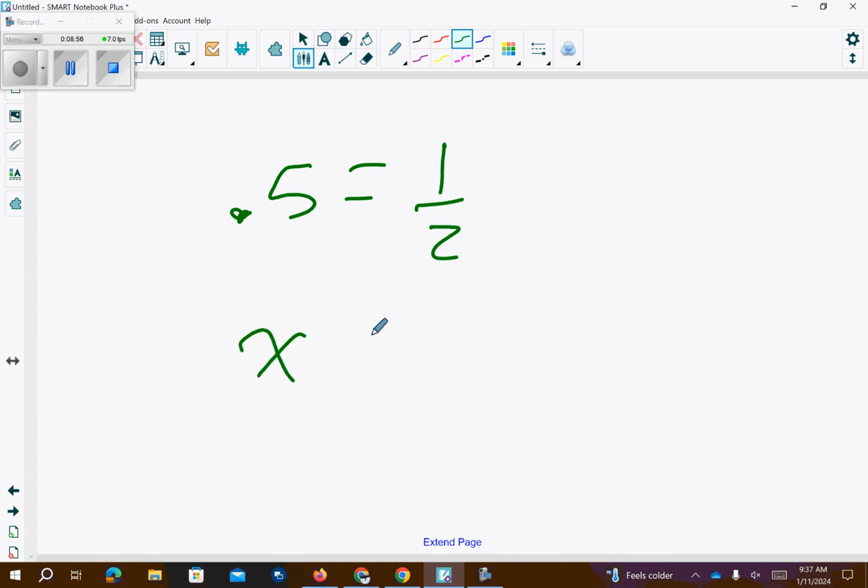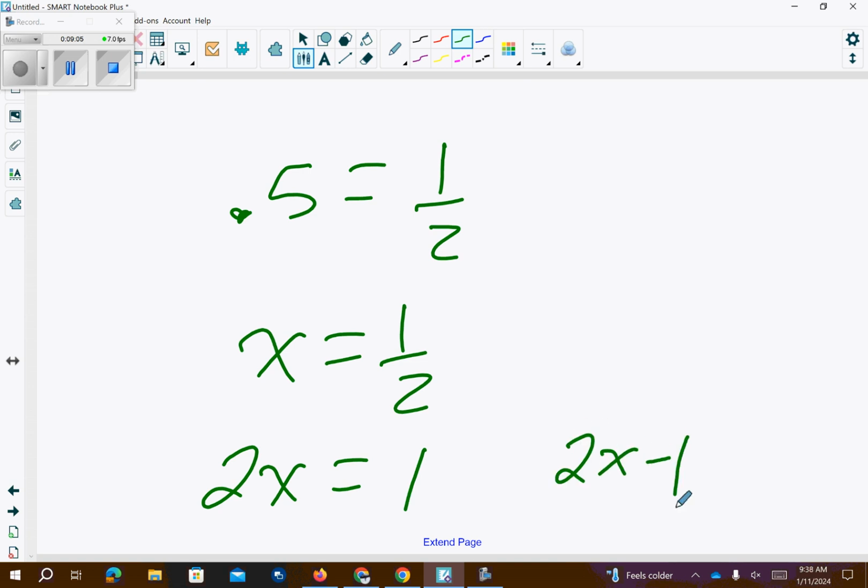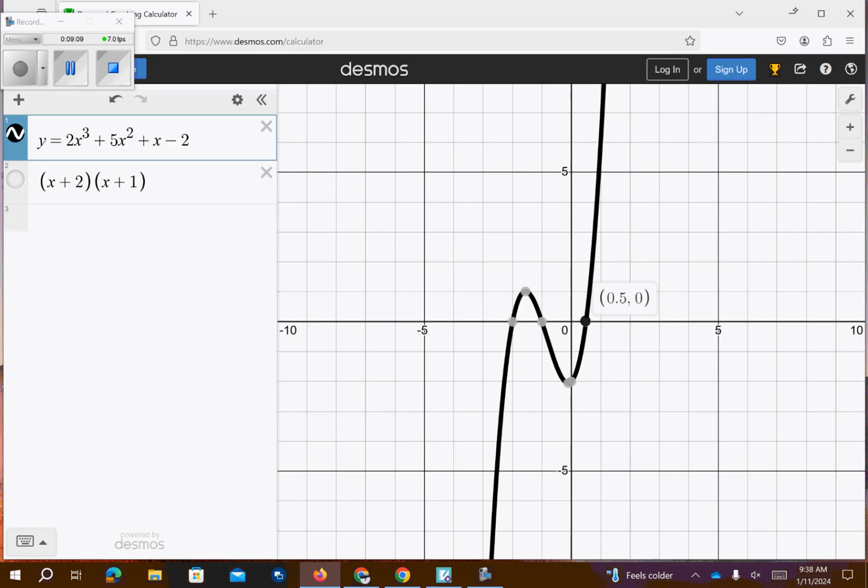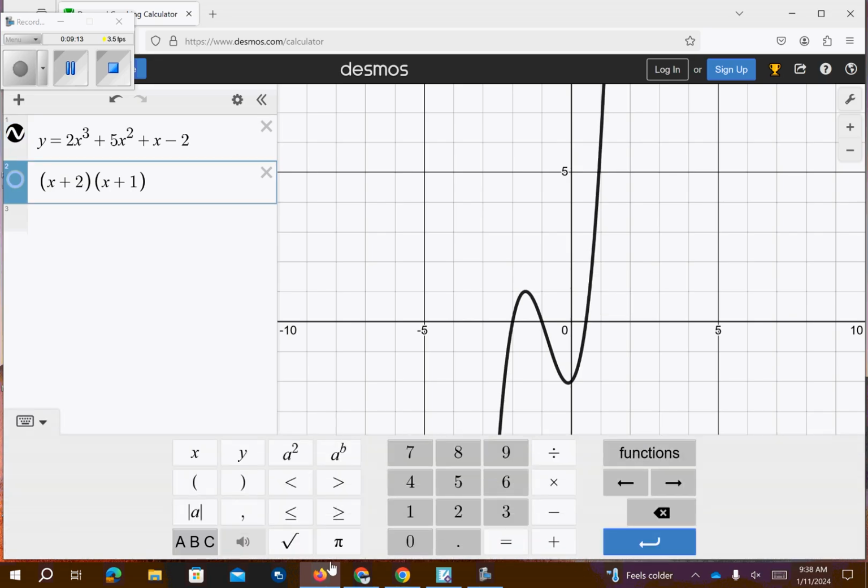So that means that x equals 1/2. Multiply both sides by 2, agree? And then subtract 1. Right? So 2x minus 1 is the other binomial. I'm going to say 2x minus 1. Put a parenthesis.